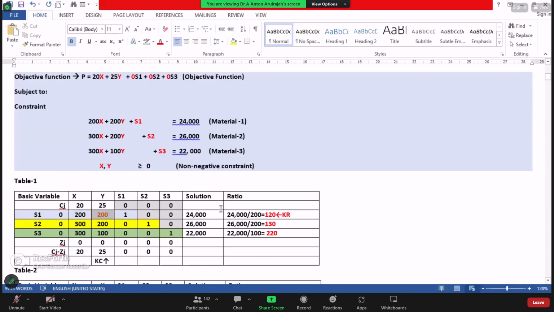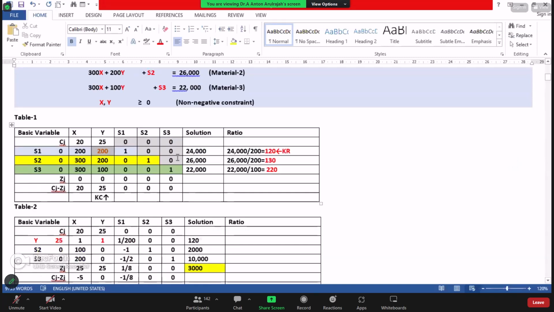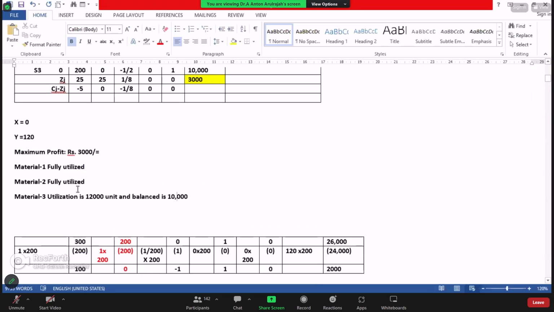Material 2 utilization is 24,000. This is 2,000.